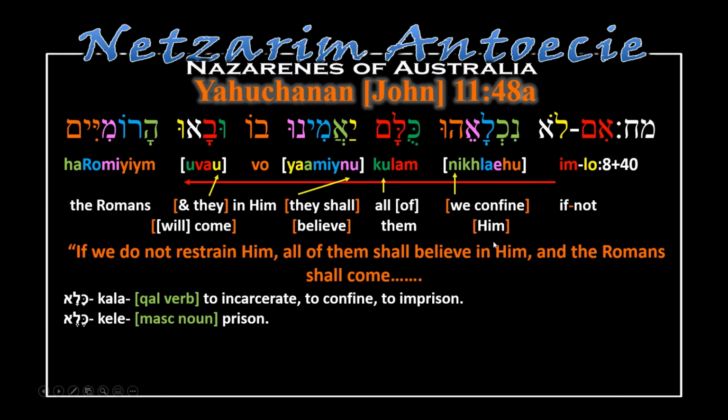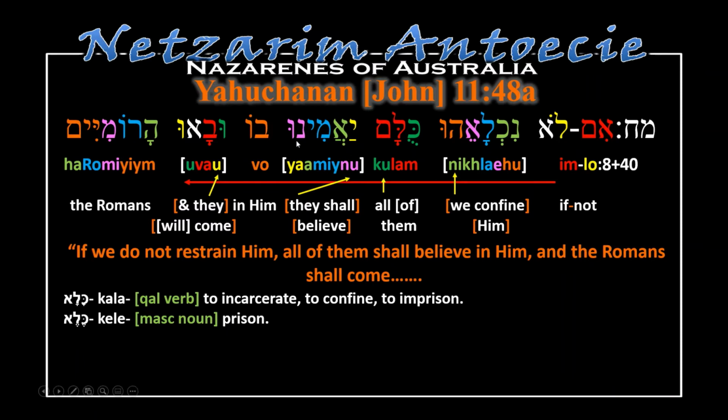If not, we confine him, kulam. Now we know that kol or kul can mean all, right? And of course, am means them. So all of them. If not, we confine him, all of them, and then we get ya'aminu. Now, ya means an incomplete action, shall or will.